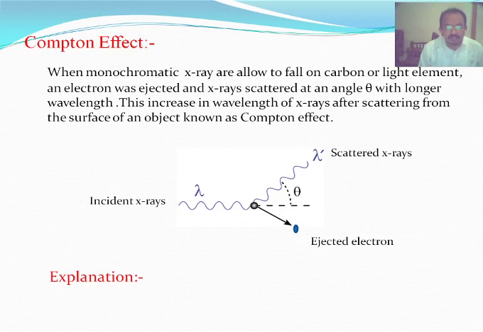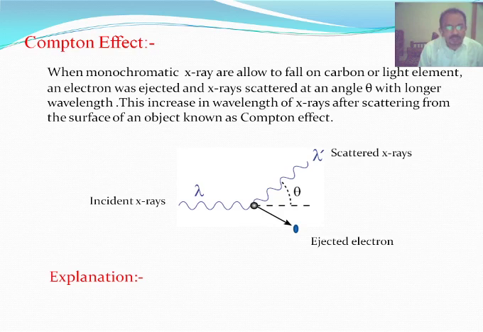That increased wavelength of X-rays after scattering from the surface of an object is known as the Compton effect. Now the X-ray gets scattered at an angle theta. That theta angle is called the angle of scattering.